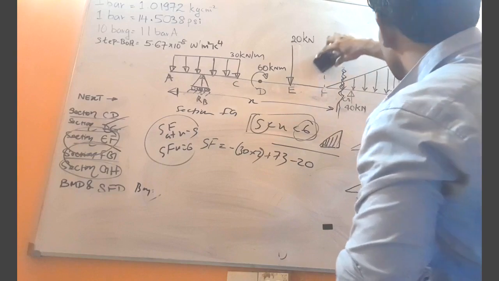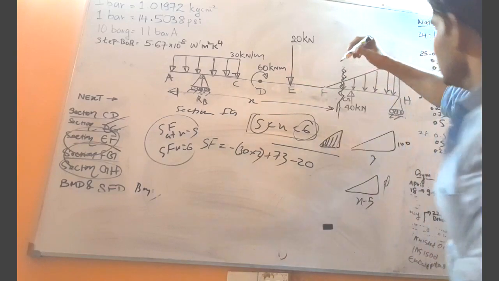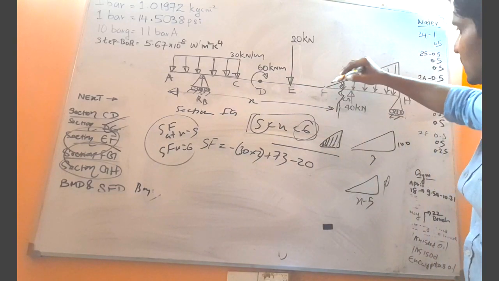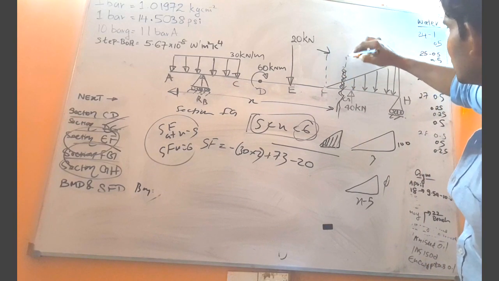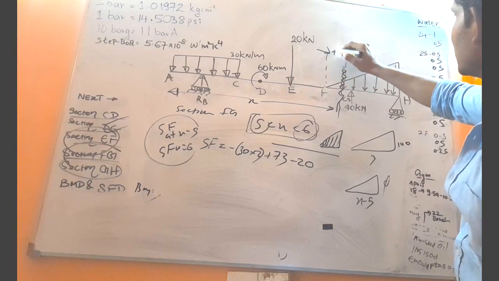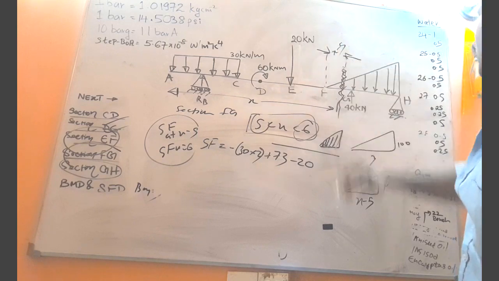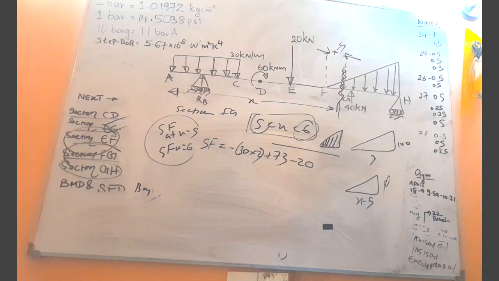So let me sketch that again. The base length for the smaller section is x minus 5, right? Okay, so now let's see how to find the value of this 5.